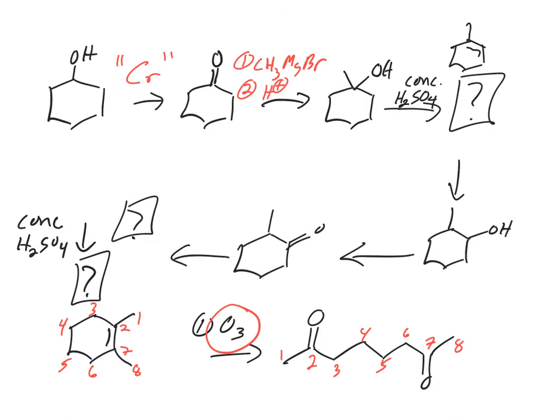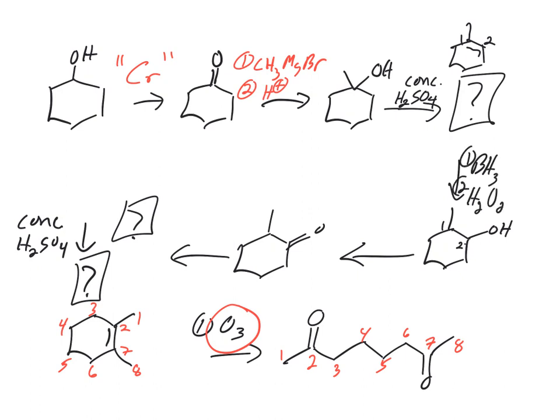So now it looks like they want us to do a rigmarole here. If I say 1 and 2, 1 and 2, they want me to put an OH on the less substituted carbon of the alkene. Who remembers how to do that? BH3. Remember BH3? Old school. Right? BH3, H2O2.